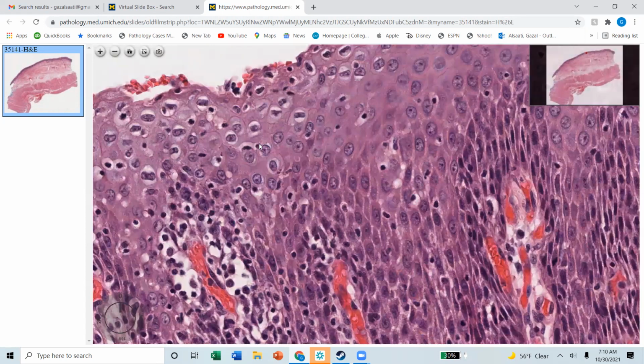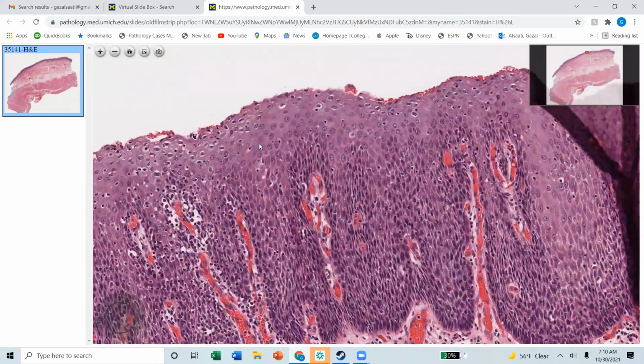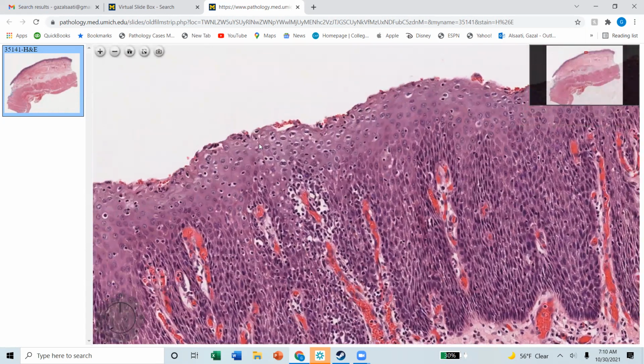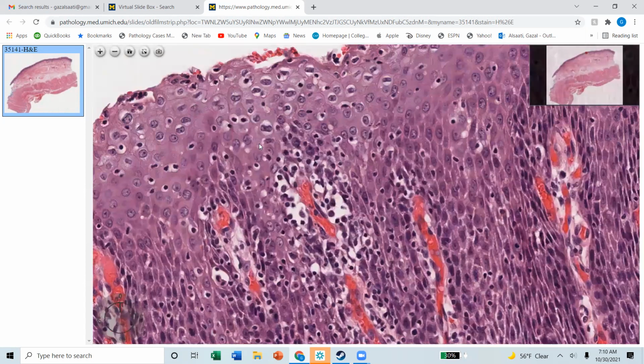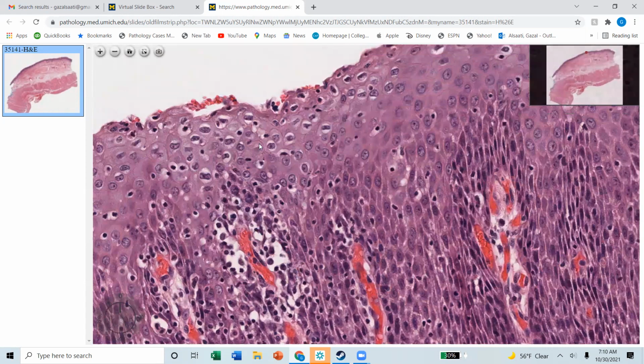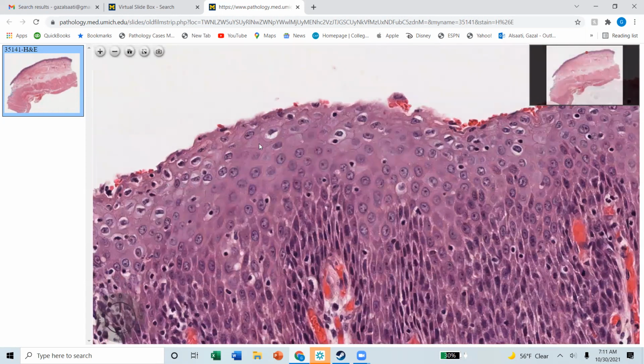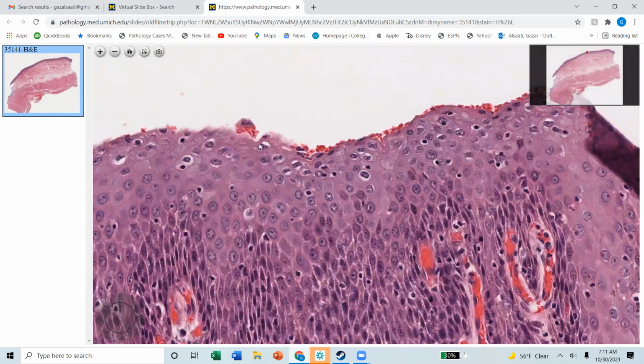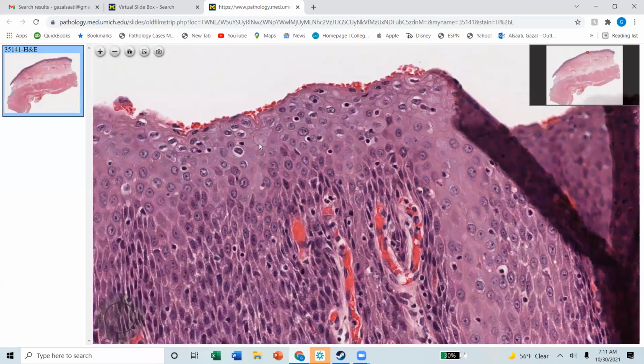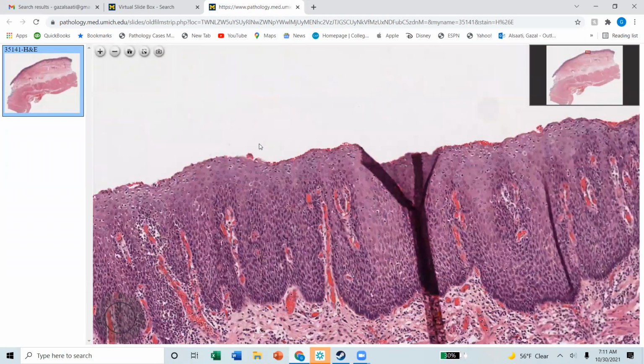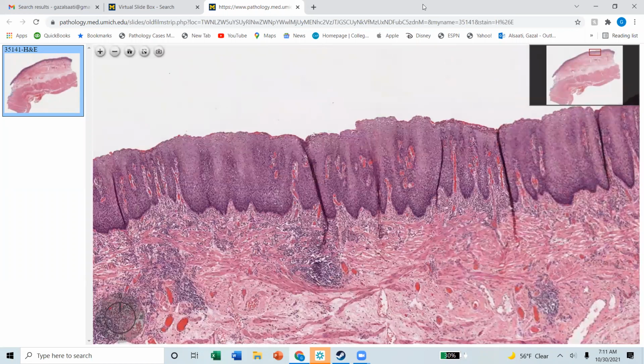The other thing I want you not to forget is dysplasia. Dysplasia in the esophagus, I rarely call low-grade dysplasia. However, high-grade dysplasia you can sometimes see, but for me, this is all reactive in nature, nothing to worry about. But yeah, that's a nice achalasia case.